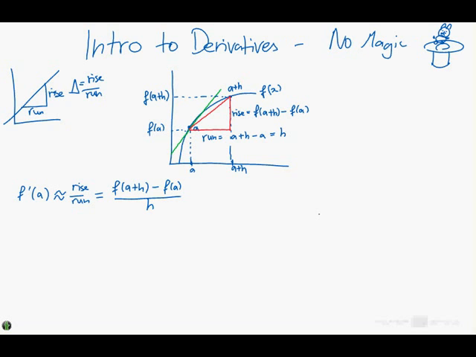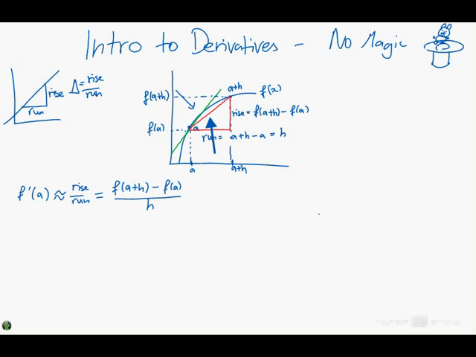Okay, here comes the intellectual leap. Really simple. The idea here is that you see this red line, the gradient of that line is different to the gradient of this line. Right? But how can you make it more the same? You can actually improve it. You can improve it by reducing h.